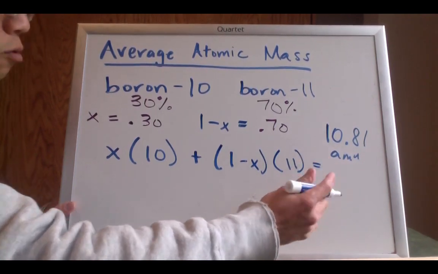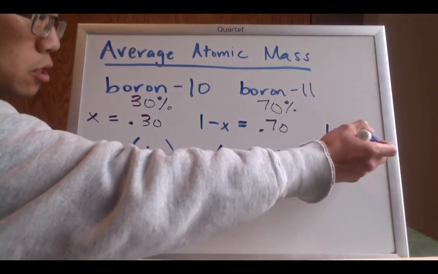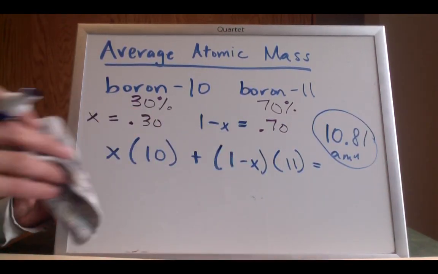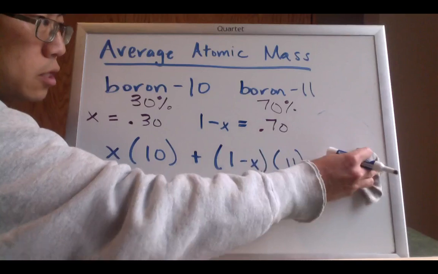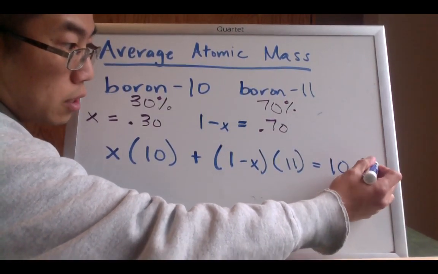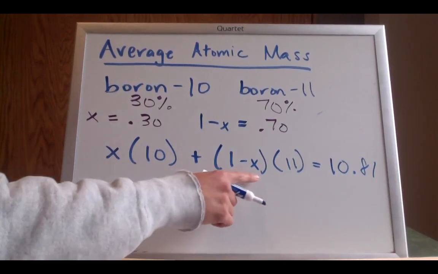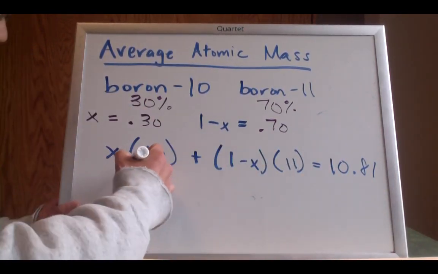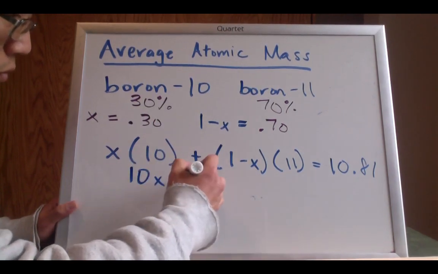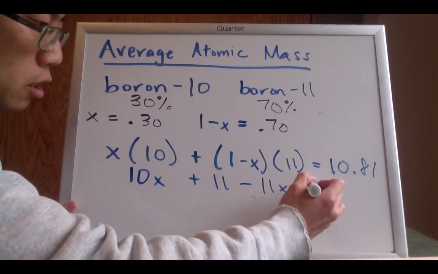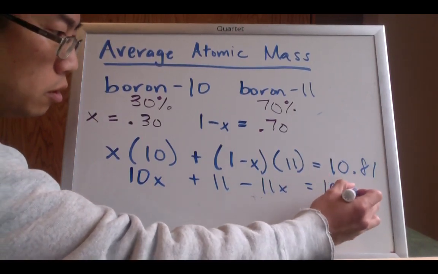All of that should equal boron's average atomic mass, which I looked up on the periodic table, 10.81 atomic mass units, AMU. So I'm going to make this all equal to 10.81, and that should allow me to solve for x because there's only one variable here. If I expand this, it's 10x plus 11 minus 11x equals 10.81.